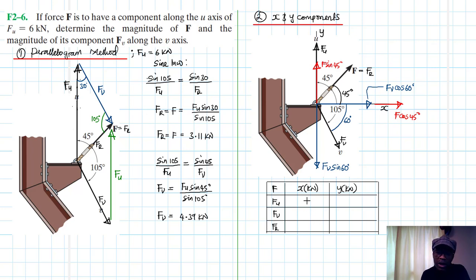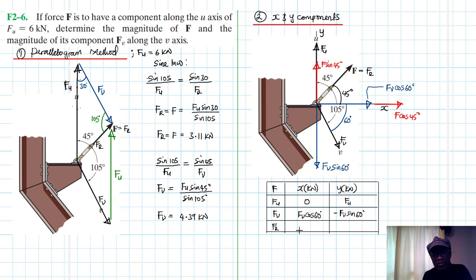So for Fu, along the x-axis, Fu is 0. Along the y-axis, it is Fu. For Fv, along the x-axis, it is Fv cos 60, and along the y-axis it is minus Fv sine 60.